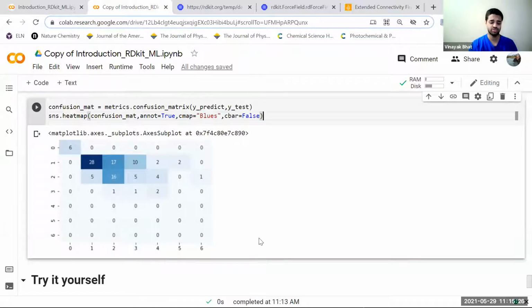So any questions at this point? So yeah, sns.heatmap is to generate a heat map like this. And we are going to plot this confusion matrix, which consists of y predicted along the y-axis and the y test, the true values for the number of wings.